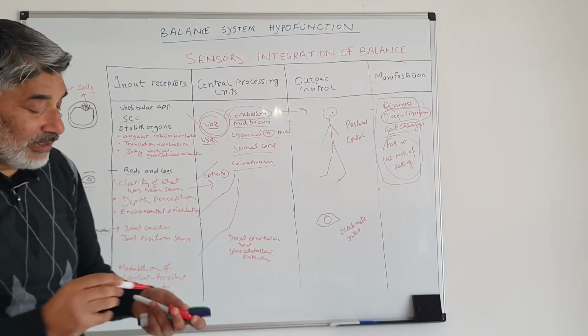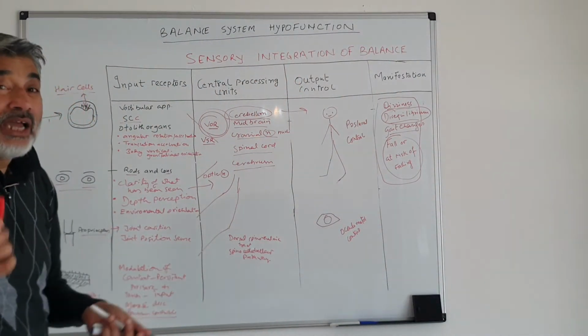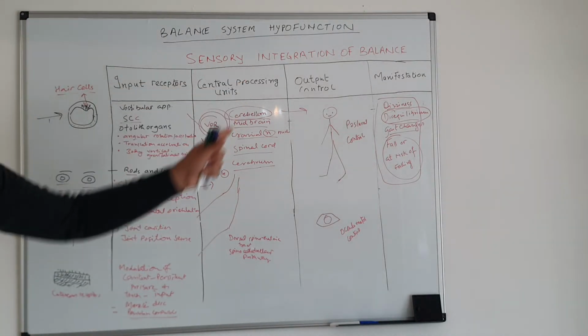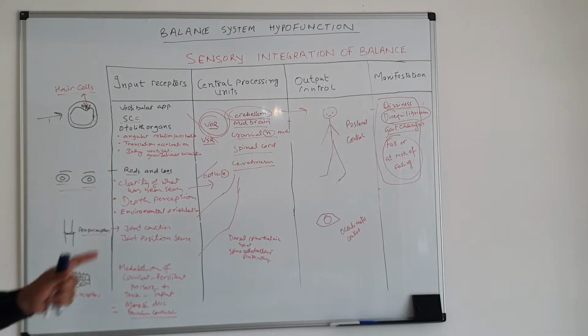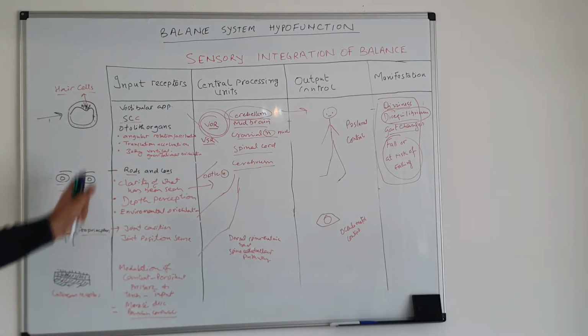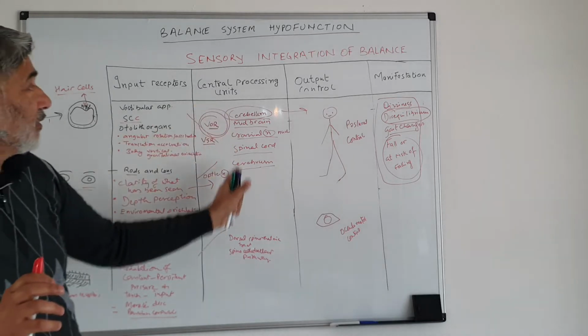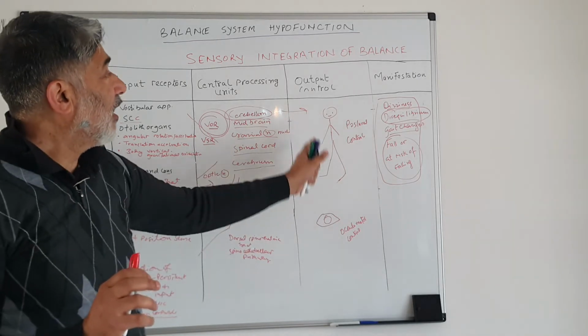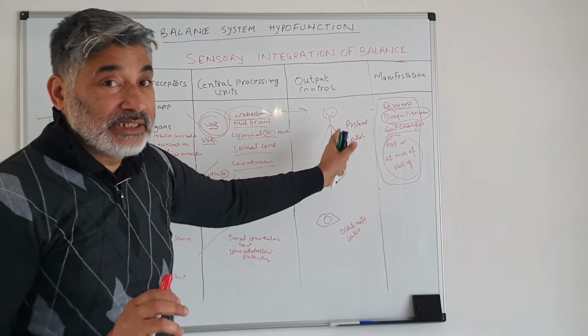So this is what I just want to teach you, but to have a better understanding of this entire vestibular function and sensory integration of balance, make sure you have an accurate picture of all these receptors, their health, how to test them, an accurate picture of the central processing unit, their health, how to test them, and then output control. What happens at the output control?